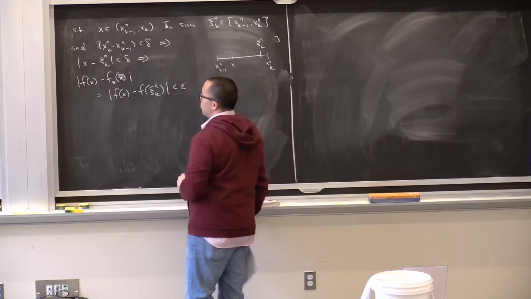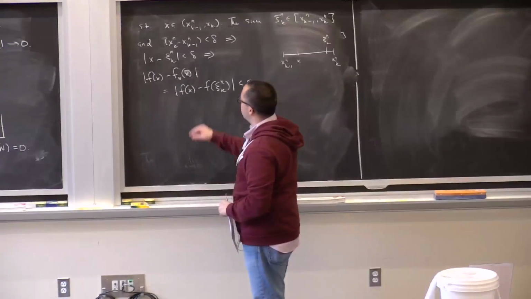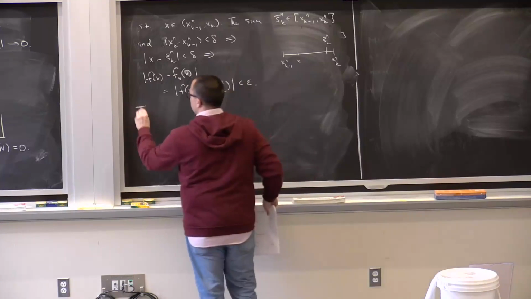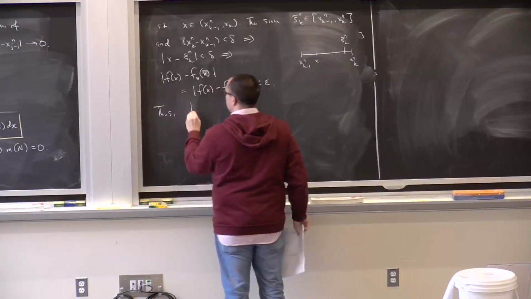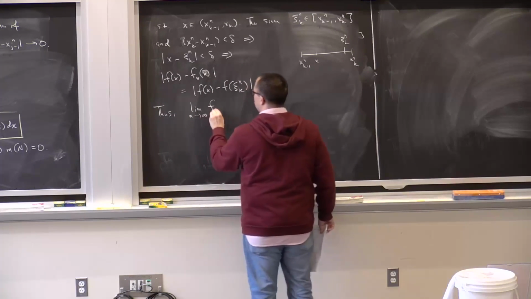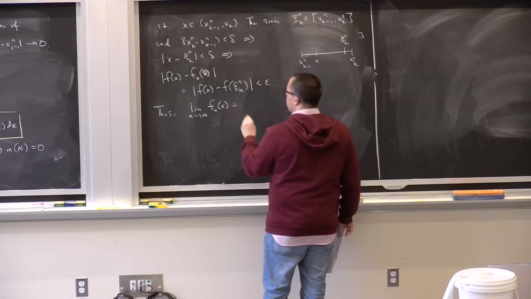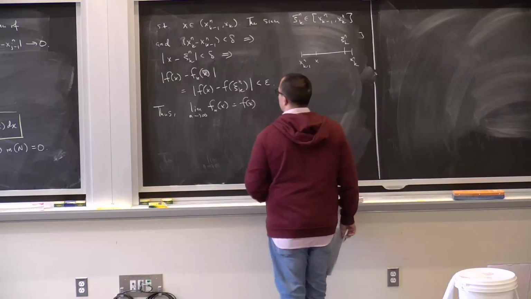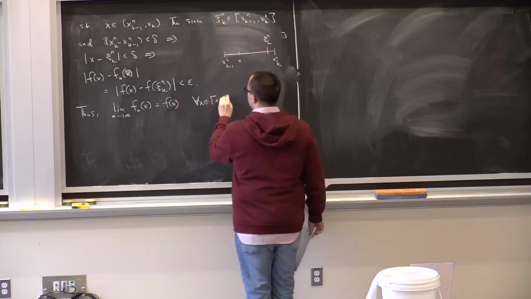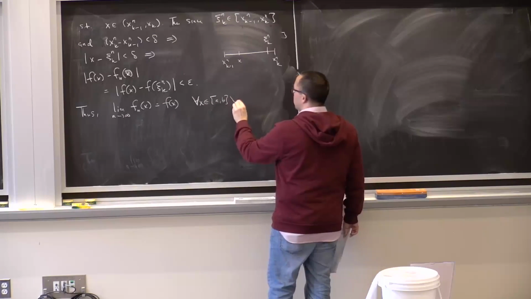So we've shown that for all n bigger than or equal to capital M, |f(x) - f_n(x)| is less than epsilon. Thus, the limit as n goes to infinity of f_n(x) equals f(x) for all x in [a,b], take away the partition points.